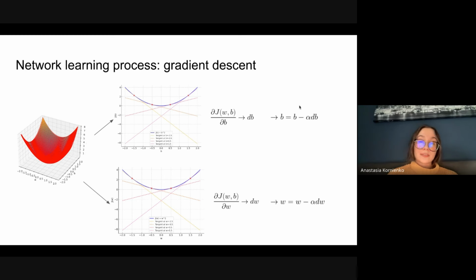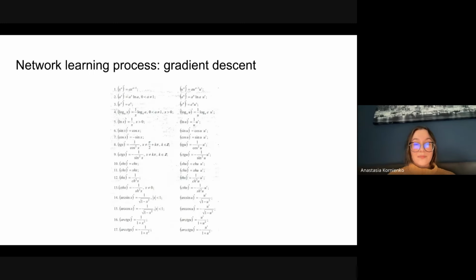And this is what the step looks like. We move from B to B minus alpha dB. We do the step here and here as well. I want to tell you about derivatives.